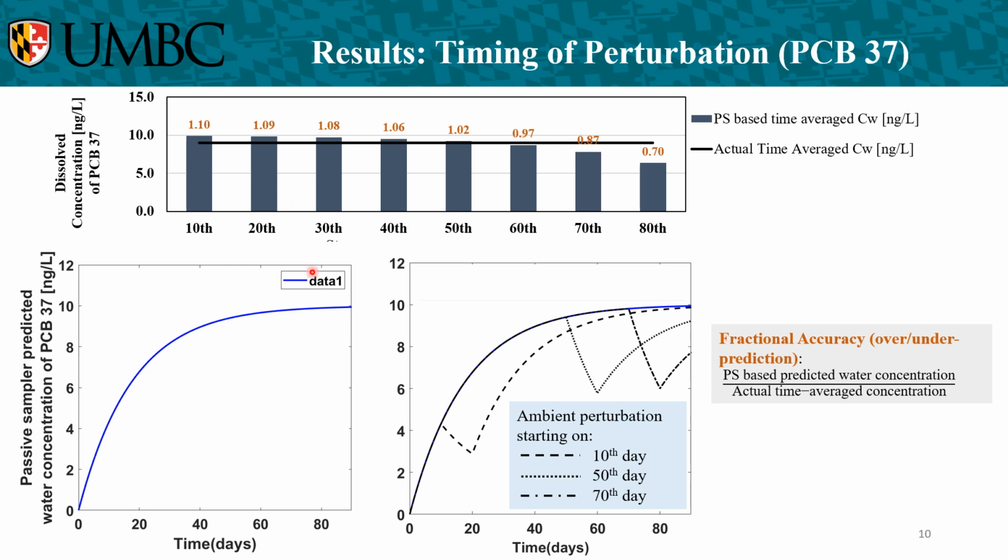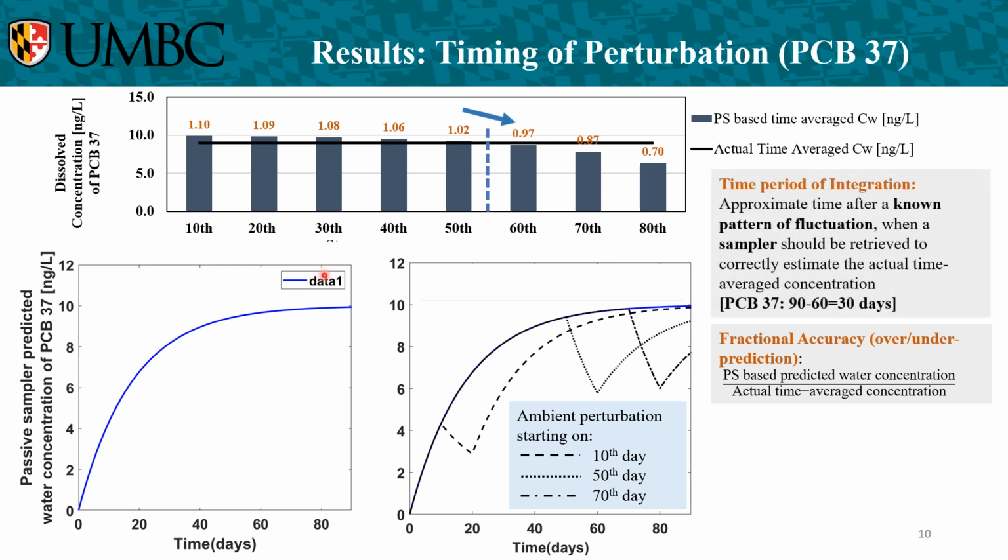So a crossover happens from being over-predicted to being under-predicted, and for PCB37 it happens around when the pulse starts on the 60th day. So the time period of integration, which is the number of days required to safely predict the true time average concentration for this compound, is about 90 minus 60, or 30 days.